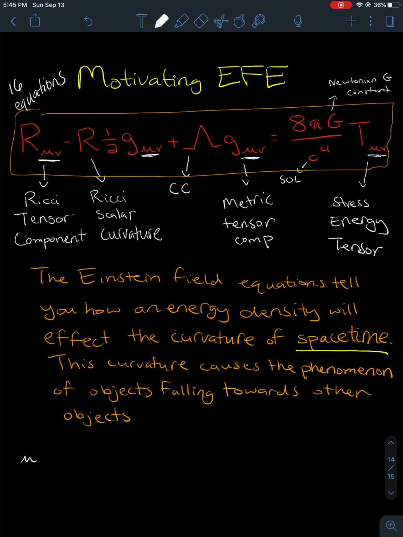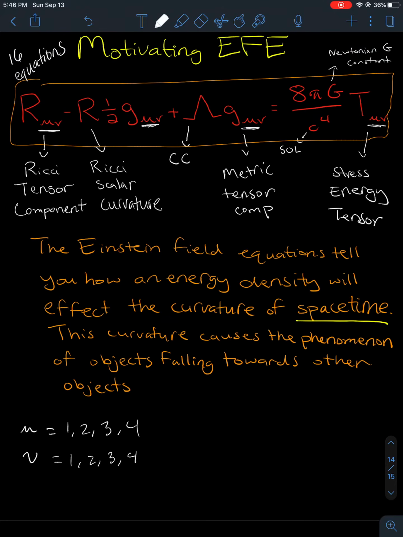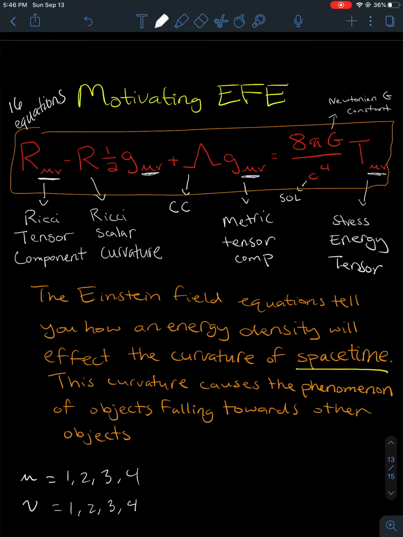And mu and nu can have values 1, 2, 3, and 4. So basically, these equations are really 16 equations that are being represented as one equation.